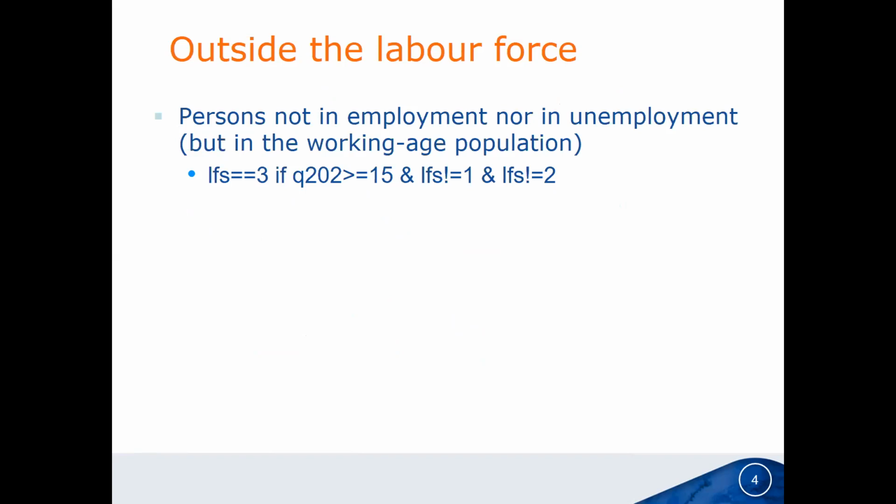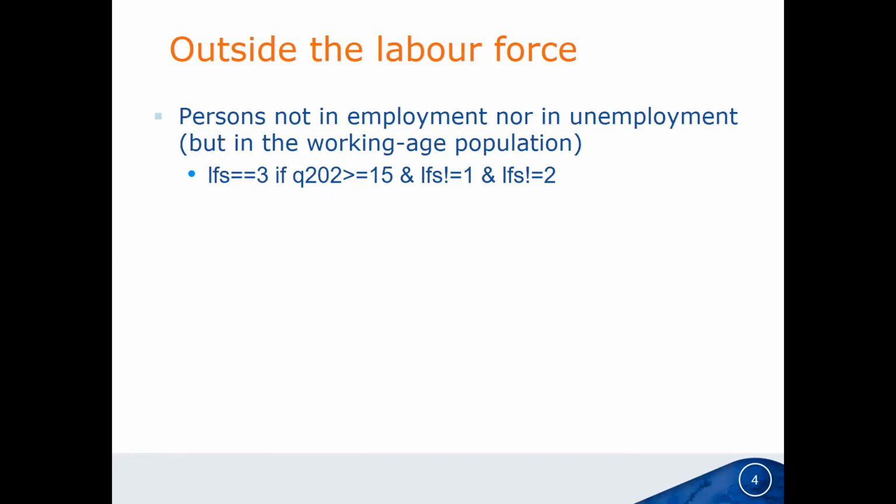If LFS is not equal to 1 and LFS is not equal to 2, and you are in the working age population, so above 15, or 14 as per national definition, then you are automatically LFS equal to 3, because everyone has a status.